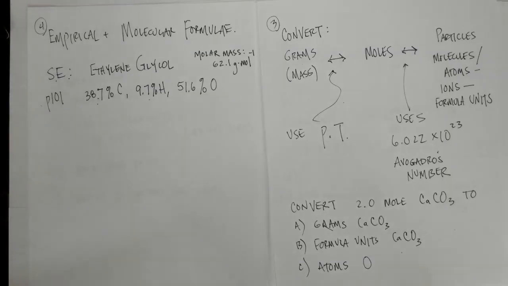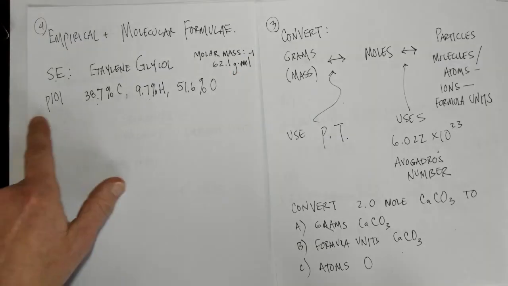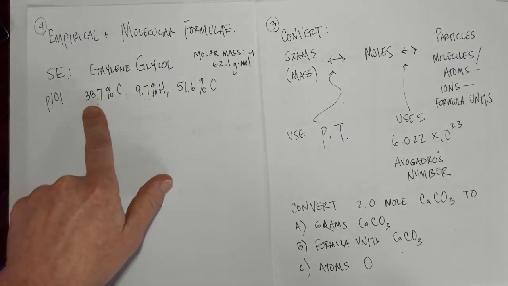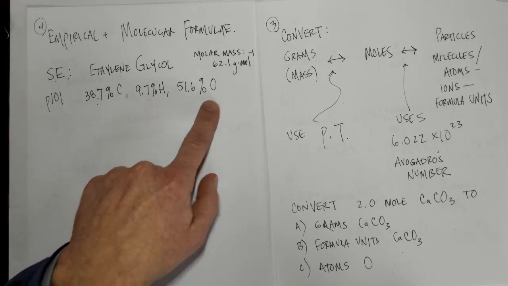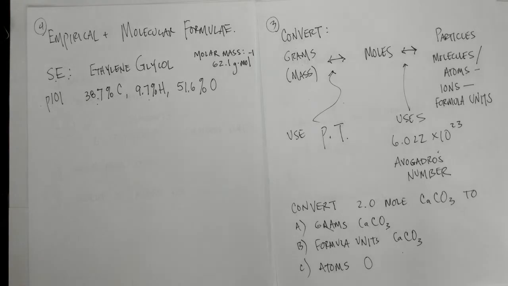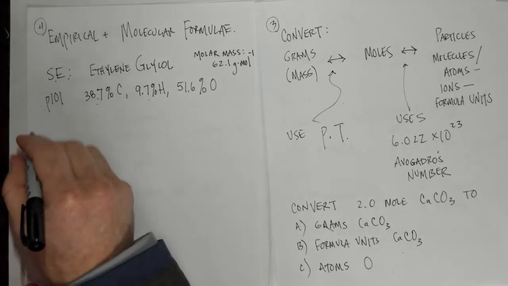Well, here's an empirical formula mathematical problem. In this one, we're given ethylene glycol that has a molar mass of 62.1 grams per mole, and its percentage composition is 38 carbon, 9 hydrogen, almost 10, 51 oxygen. Here's the steps. Step number 1, start way on the left-hand side outside the red line and organize your data.